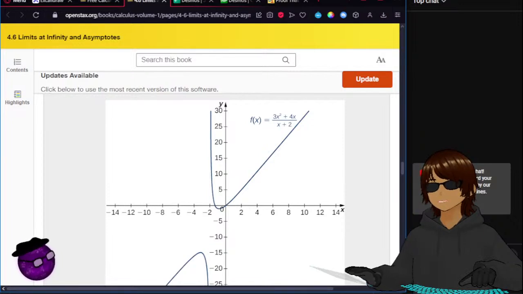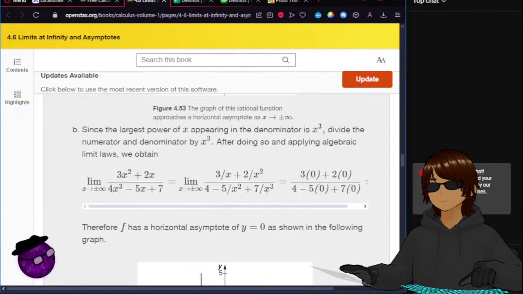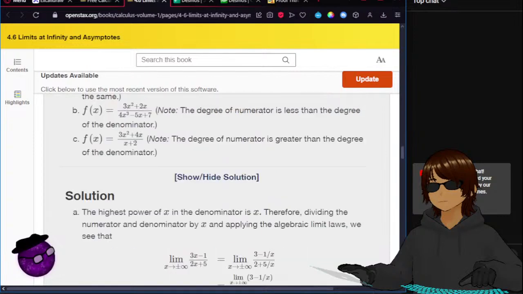There is a slanting asymptote over here, but I don't know if they talk about it.